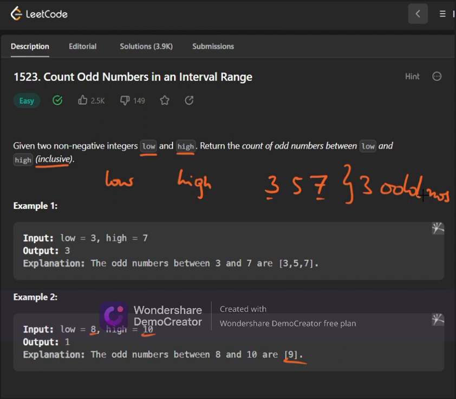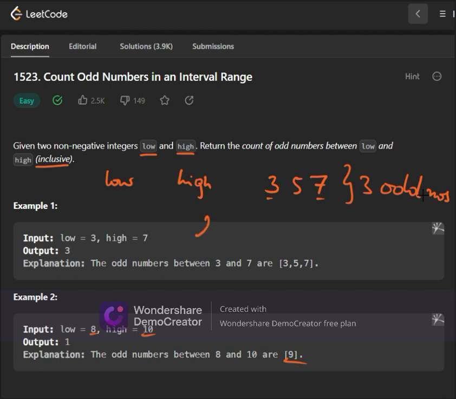So to understand this, in order to continue, we'll have to understand that there are 4 cases where these ranges can appear.